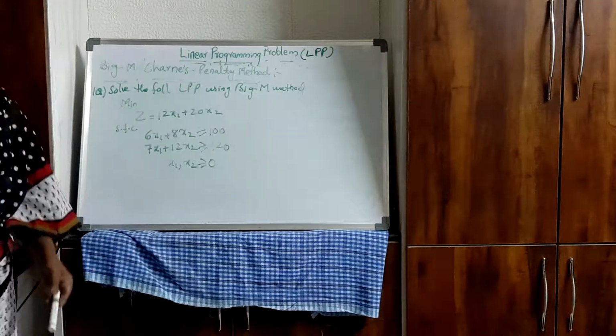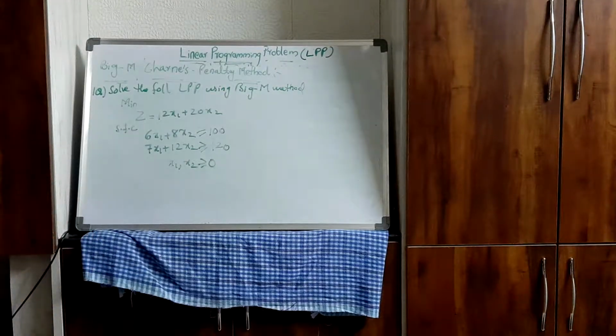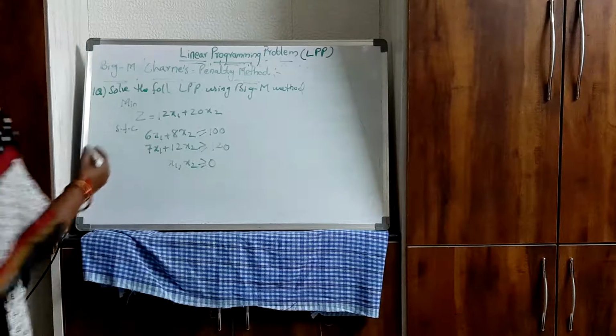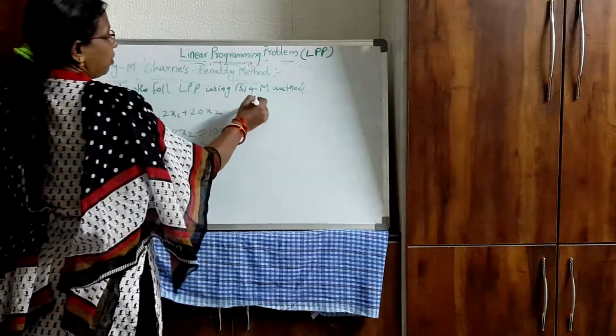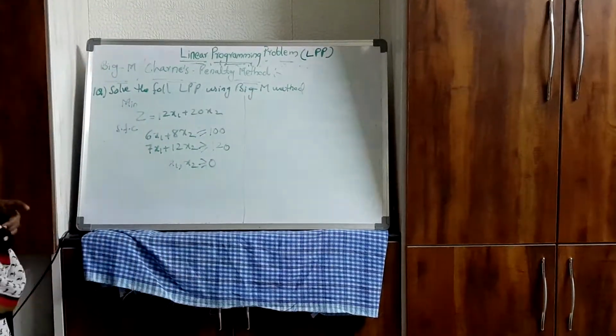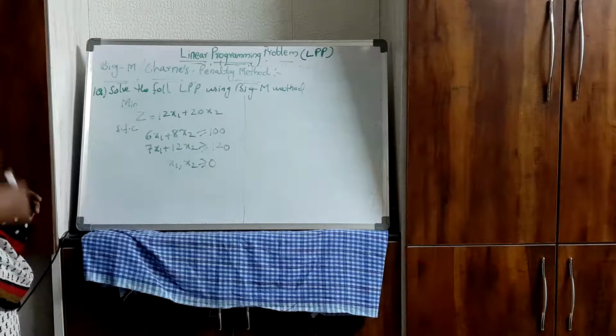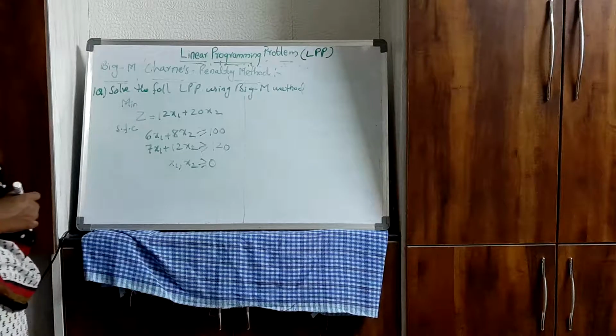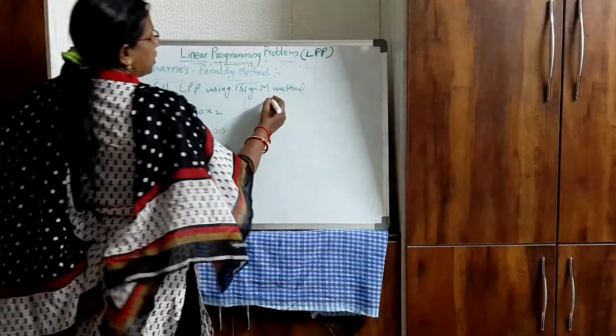So as in simplex method, in this method also the first step is to check whether the given problem is a maximization problem or minimization problem. Here the given problem is a minimization problem, so you have to convert this minimization problem to a maximization problem using the relation.